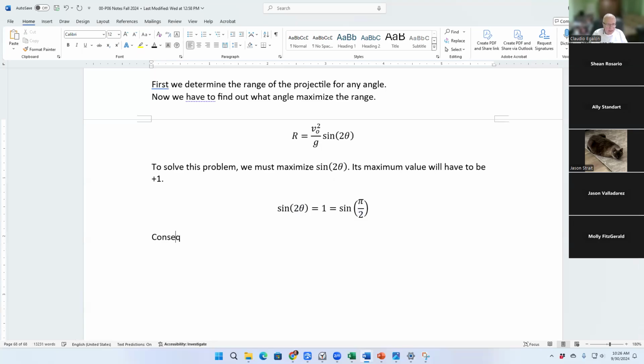Consequently, two theta must be equal to pi over 2, like that. And then what do we get? We get that theta must be equal to pi over 4. Okay?